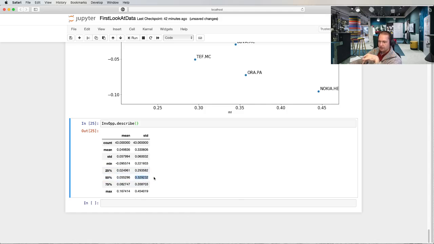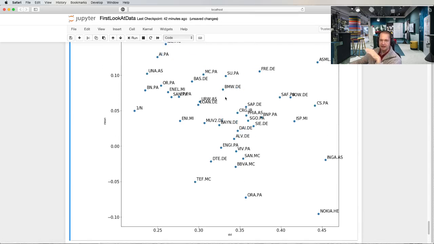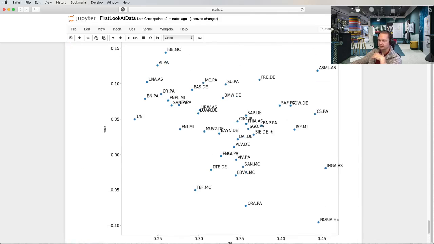The median is also at 33, so you really see at 33 there's a dividing line: 50% of the firms are to the left, 50% to the right. And the lowest volatility is 22.19, and that is exactly the market volatility, the 1/n.